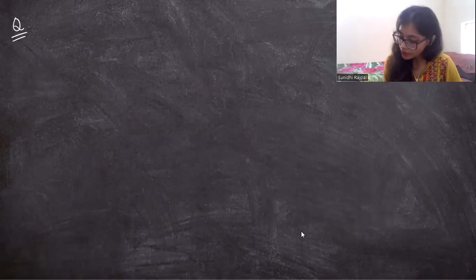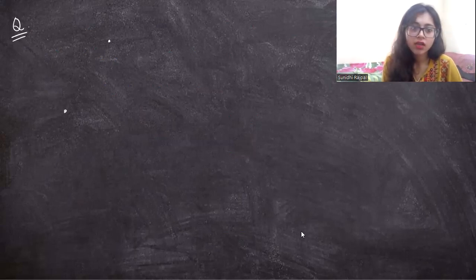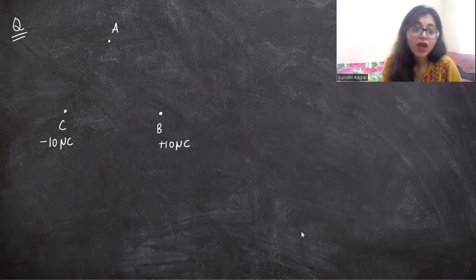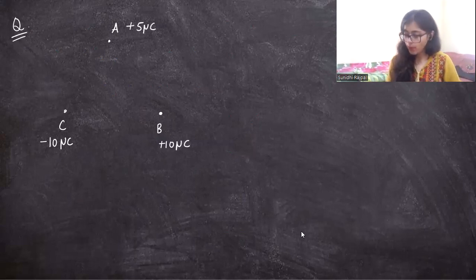Okay, so you have a system like this. I have 3 charges. So this is C point, this is B point, and this is A point. The three charges are minus 10 mu coulomb, which is kept at C point, a plus 10 mu coulomb, which is kept at B point, and a plus 5 mu coulomb, which is kept at the A point.